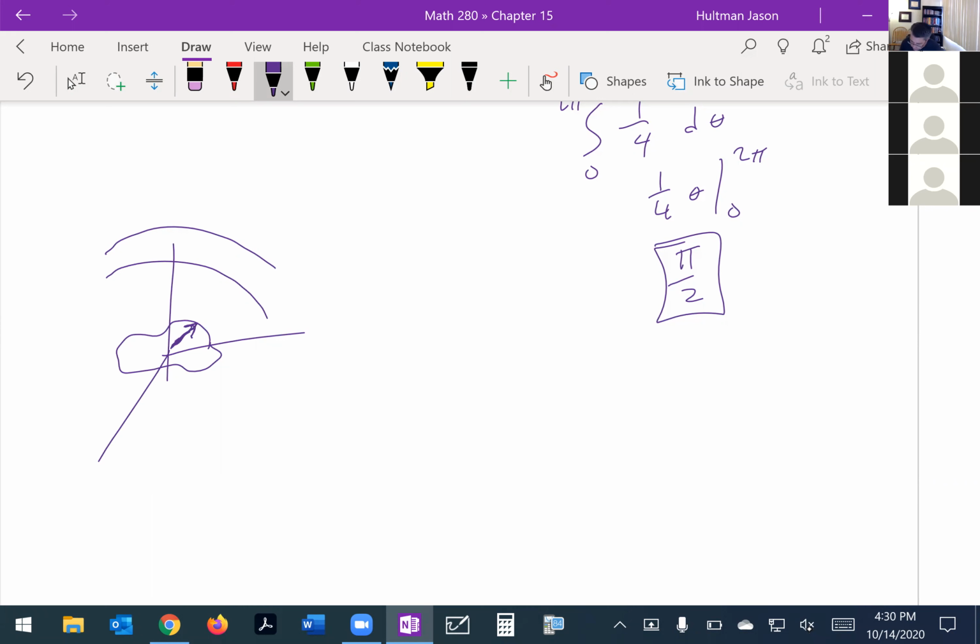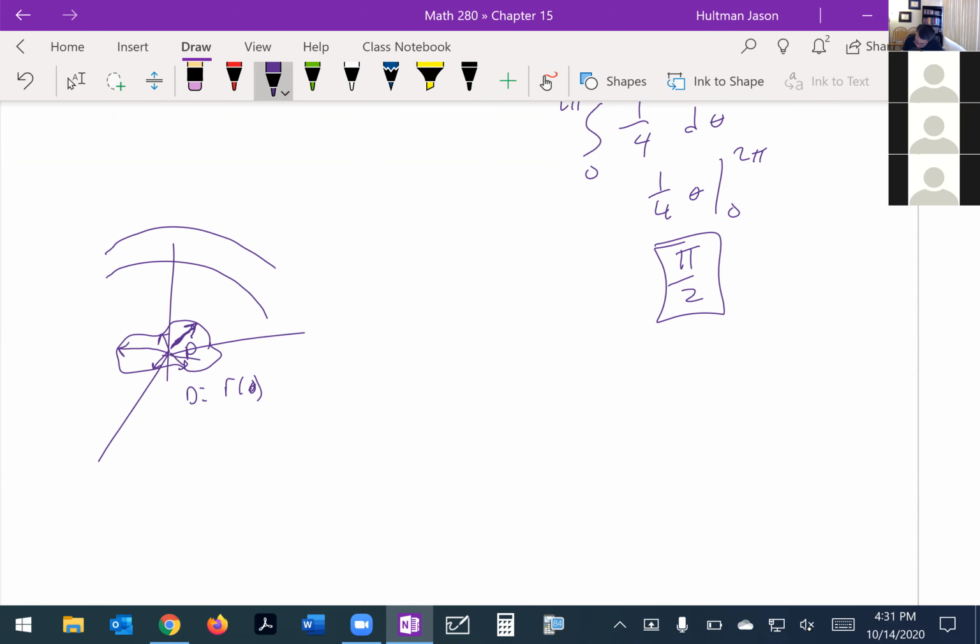We need to get this area, we'll call it D. We need to get the domain in terms of r of theta. So we just need to get it in terms of a function of theta. How is this vector tracing out this area?